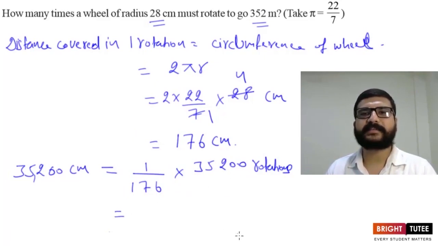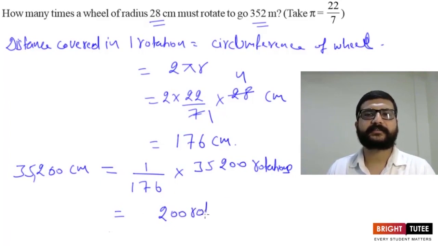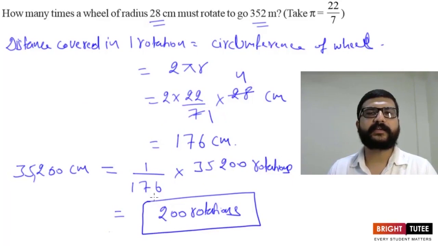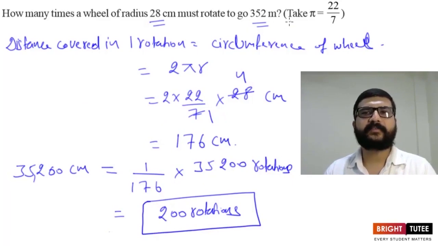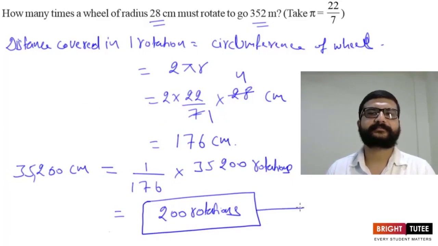Now let's simplify this. By simplifying this, we will get 200 rotations. So therefore, a wheel will undergo 200 rotations for covering 352 meters. So the answer for this question will be 200 rotations.